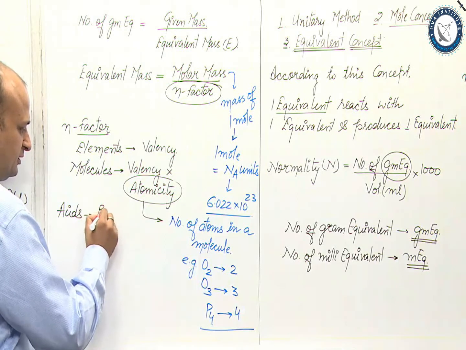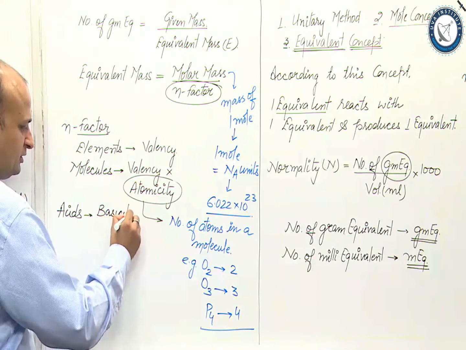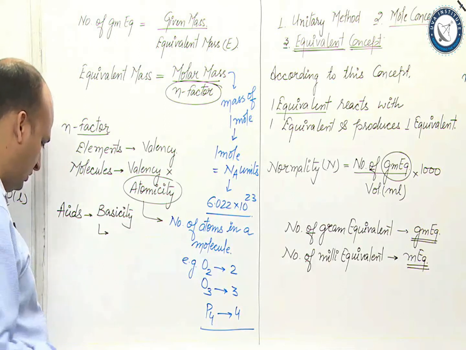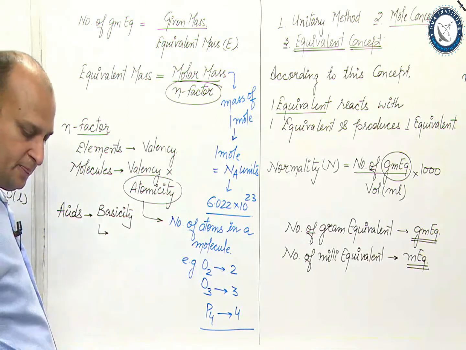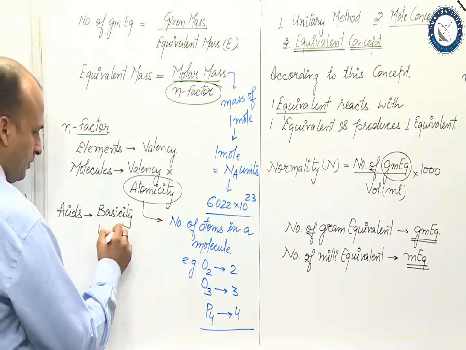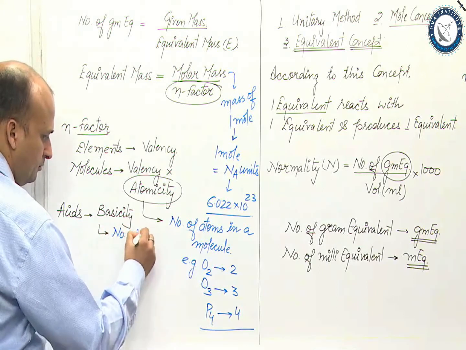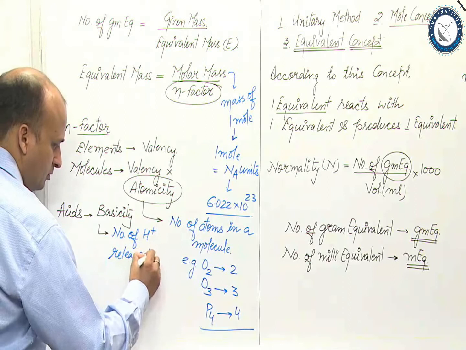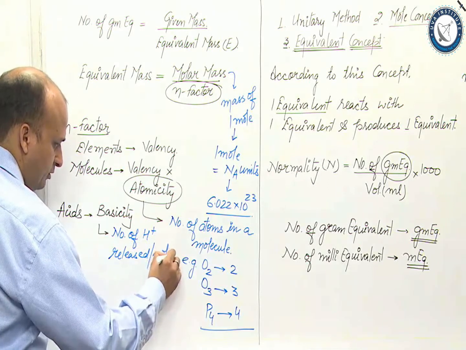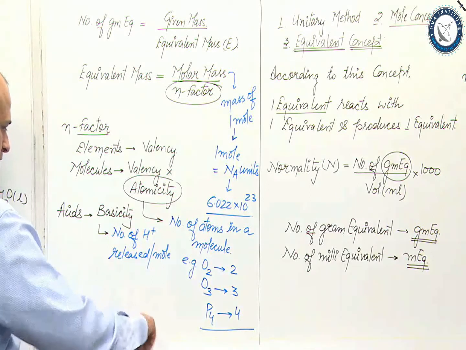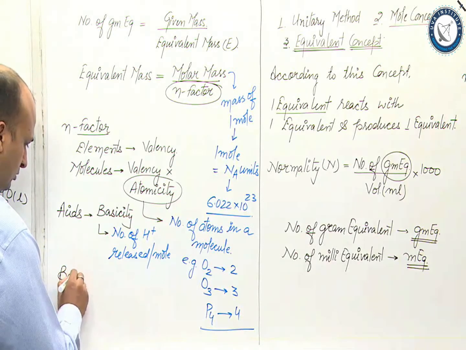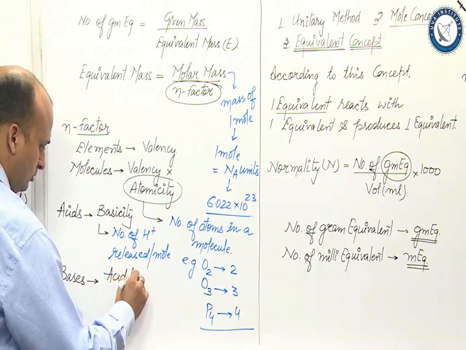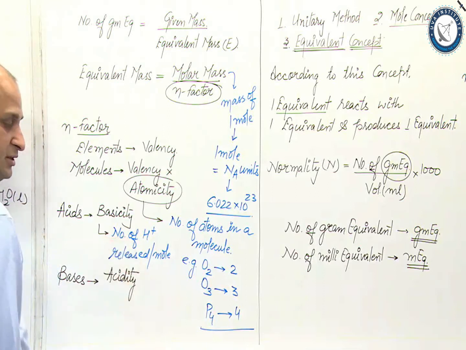For acids it is basicity, and what is basicity? Basicity is the number of H plus ions released by acid. Agreed? Okay. Now, for bases it is acidity.